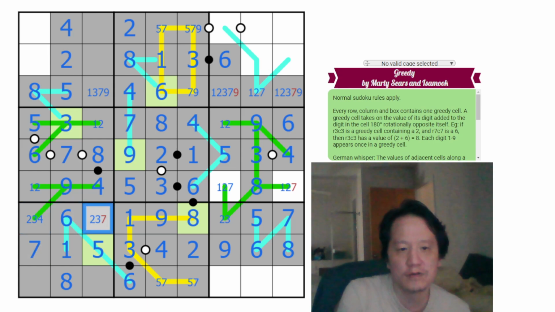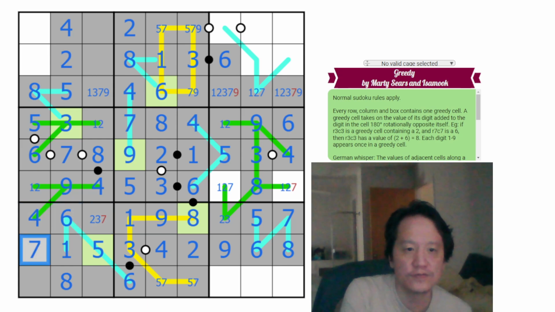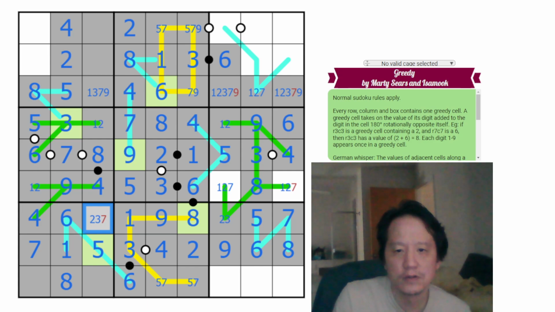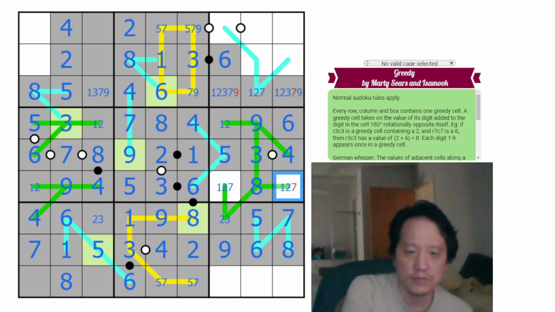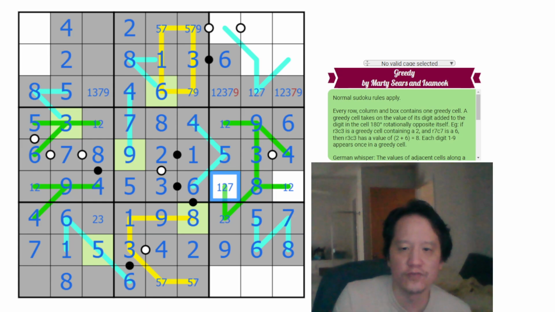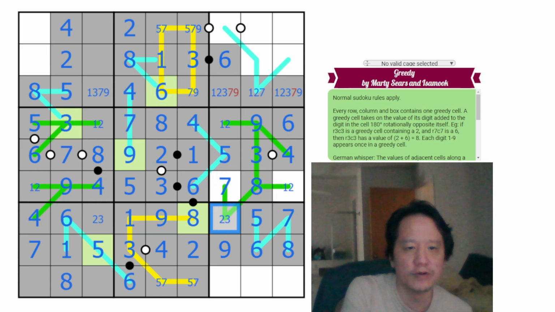This is 7. 2, 3. This is 4. So this is 7. And it could be greedy or it could not be greedy. We don't know. So no 7, no 7, 9. This is 1, 2, 3.